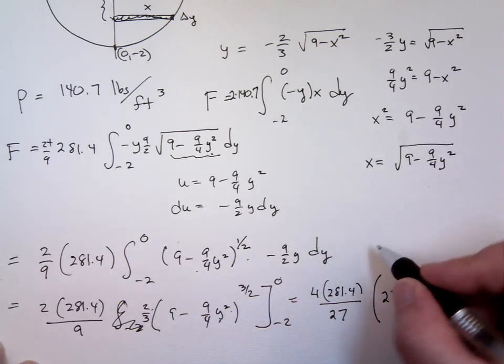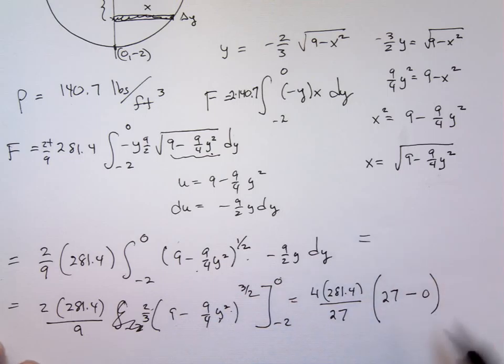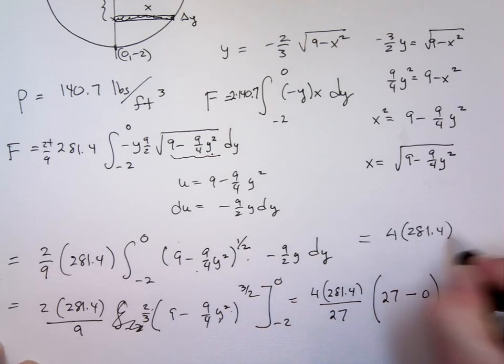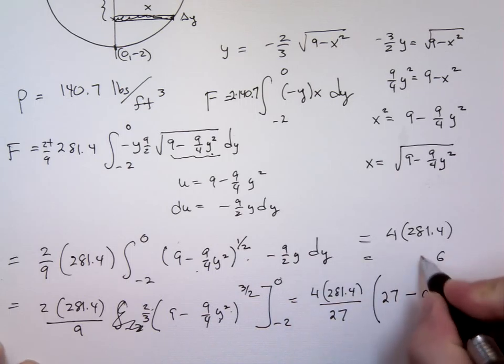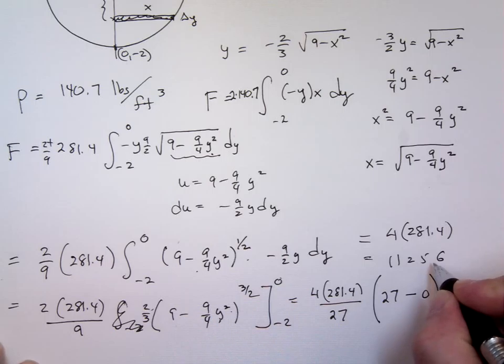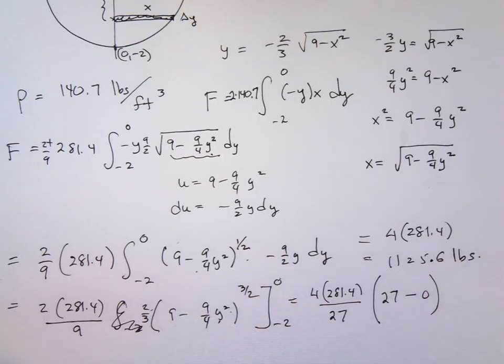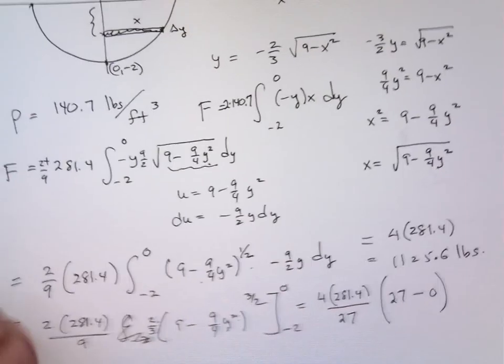The problem turns out to be not too bad. It seems to me the answer should be 4 times 281.4, so I would say that we have 1125.6 pounds of force. Yes, what a pain that is, but that's what you would do.